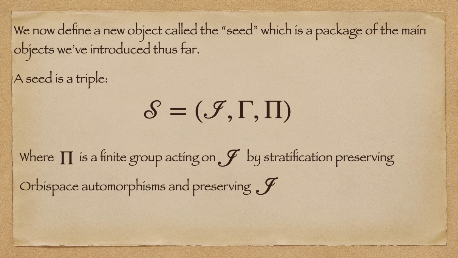So we're going to define an object that packages all this geometric information together, and we'll call it the seed, which is a package of the main objects we've been looking at.